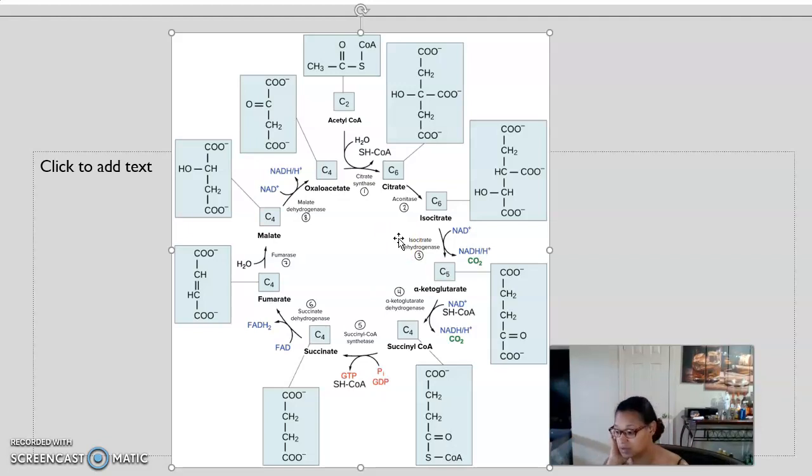Then the citrate loses a water molecule and gains another as citrate is converted into isocitrate, which is here. In step 3, the isocitrate is oxidized, producing a 5-carbon molecule with a molecule of CO2 and 2 electrons, which reduce NAD plus to NADH here.